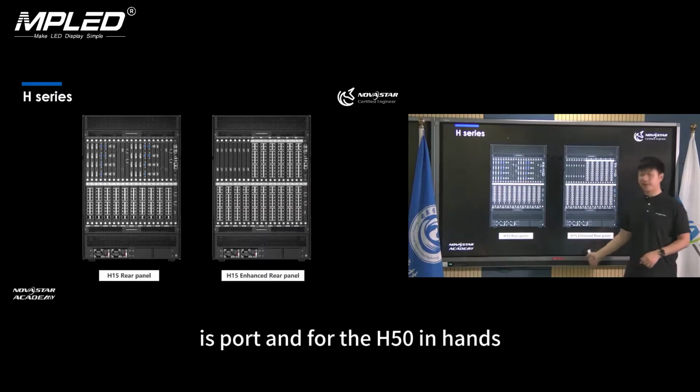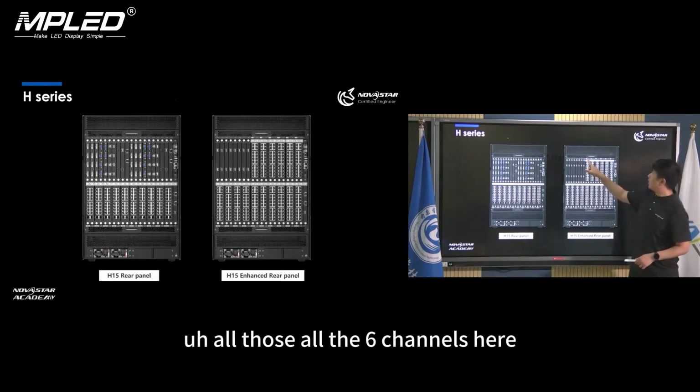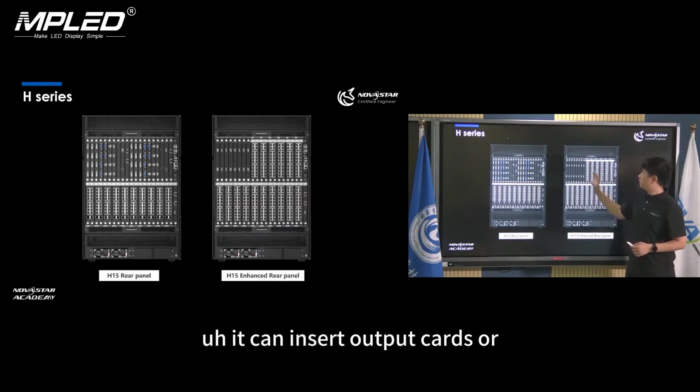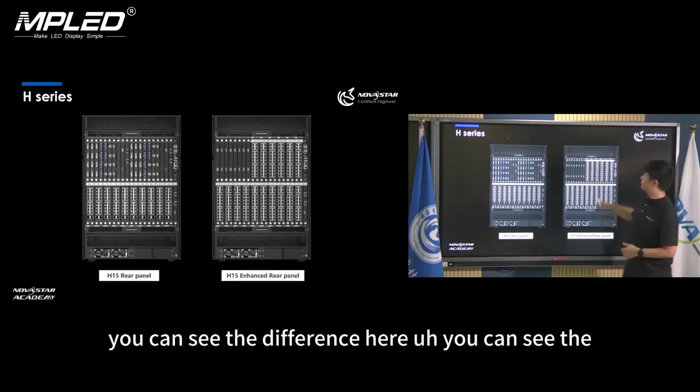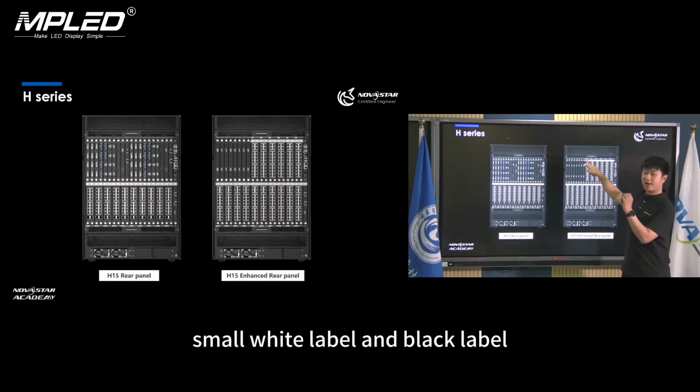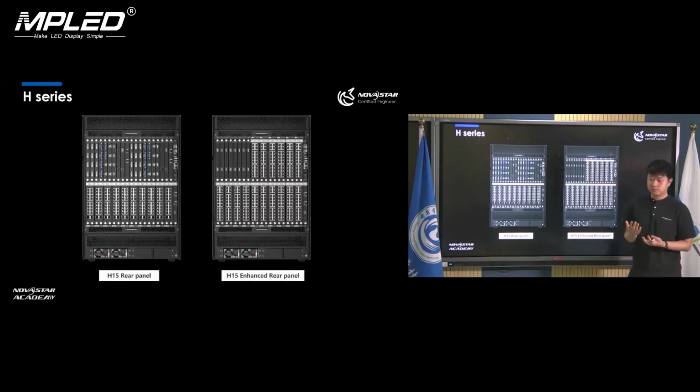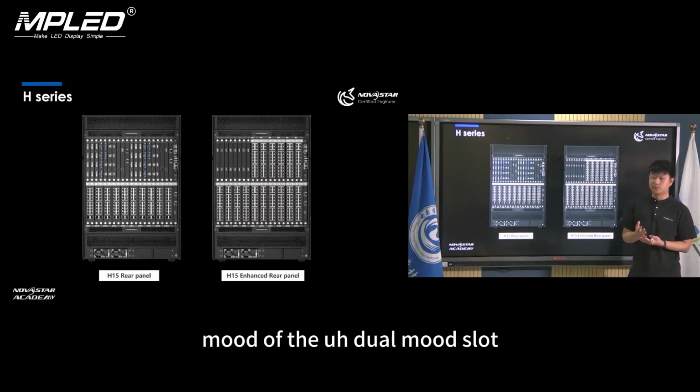And for the H15 enhanced, all the 6 channels here can be inserted with output cards, or they can take input cards as well. You can see the difference here: the small white label and the black label. The white label means this is a dual mode slot.